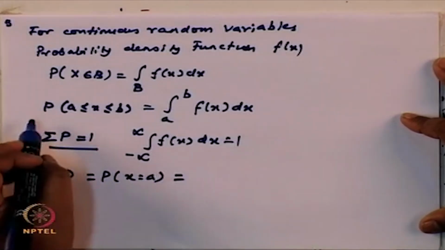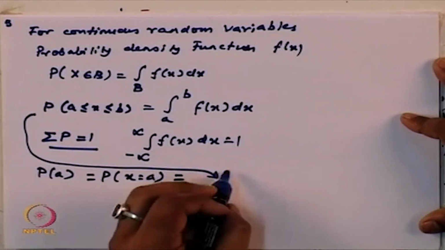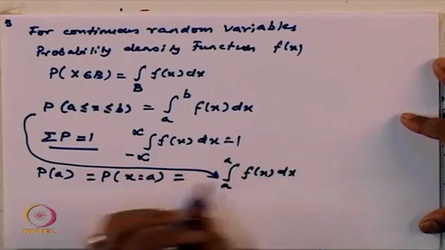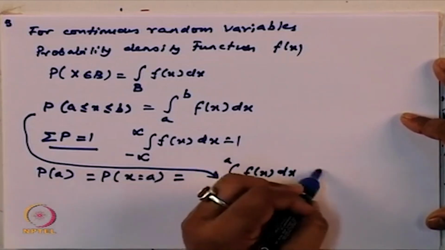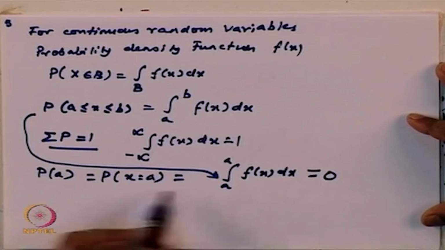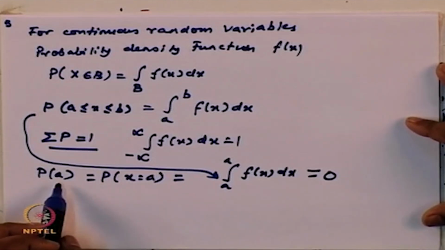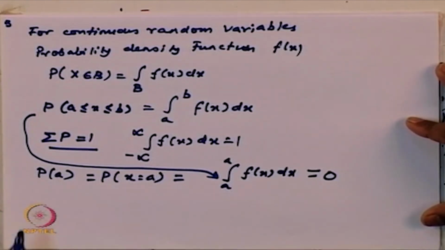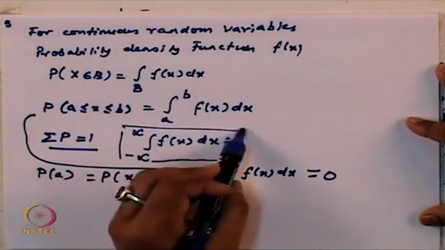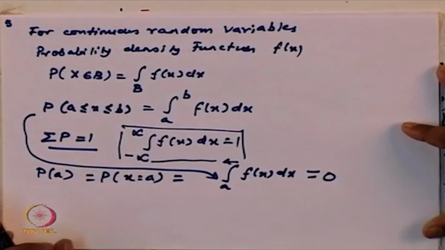I can simplify from this equation and write it simply as the integral from a to a of f x dx, and what is that? It is nothing but 0. So, for a continuous random variable, the probability of an exact value is always 0, whereas you must always have the total integral equal to 1, which has to be followed by the probability density function.